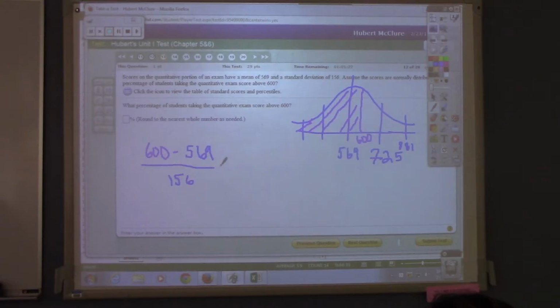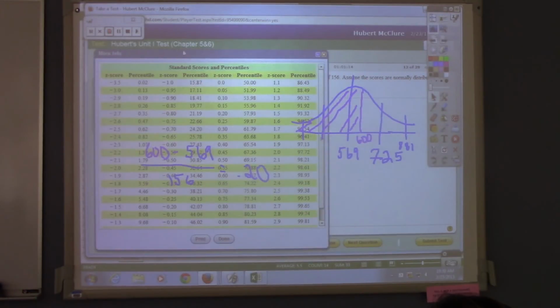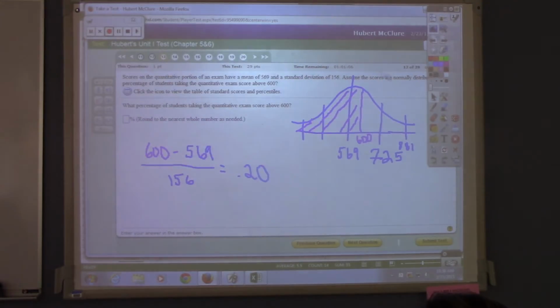And somebody give me that number. 0.20. So we pull up our handy dandy table, and we look up positive 0.2. And what do we get? 57.93. Okay, 57.93 is the left-hand side.